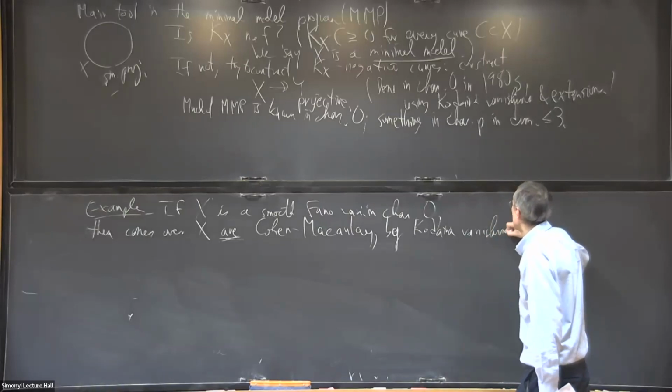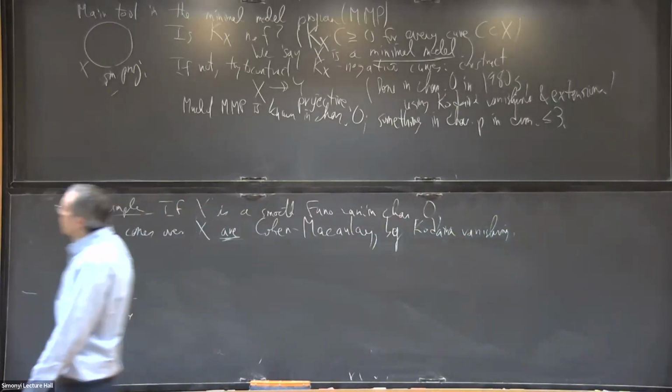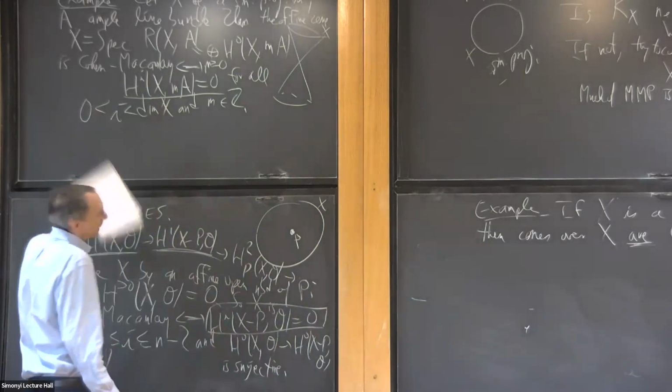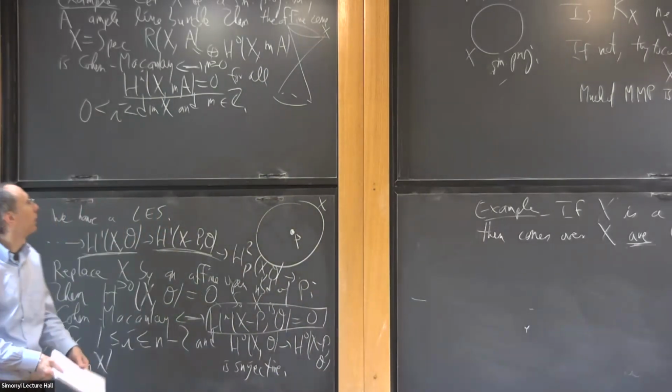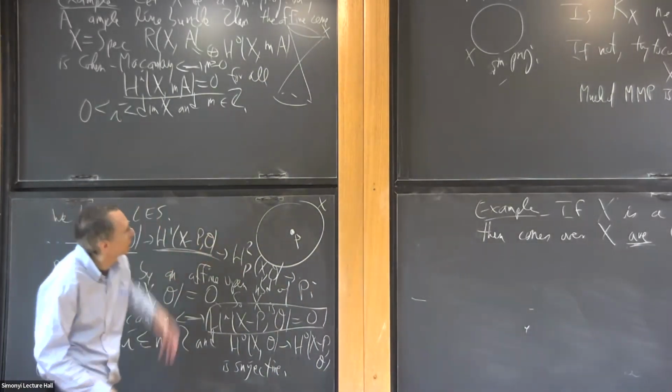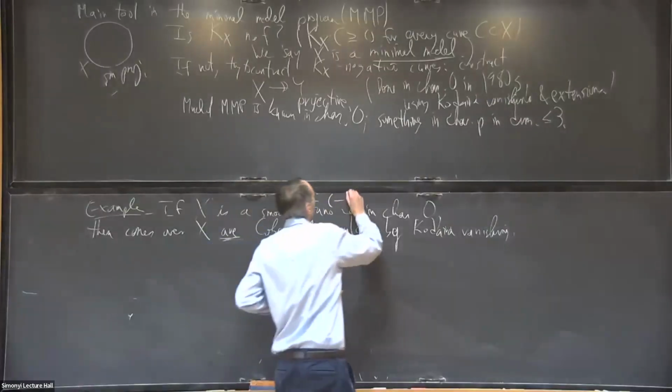So I don't want to take too much time, but basically, if you have a smooth Fano variety, imagine maybe that A is just the dual of the canonical bundle, so a sort of natural line bundle in that context. Sorry, Fano meaning that the dual of the canonical bundle is ample.